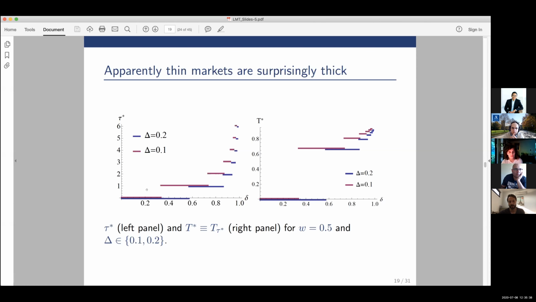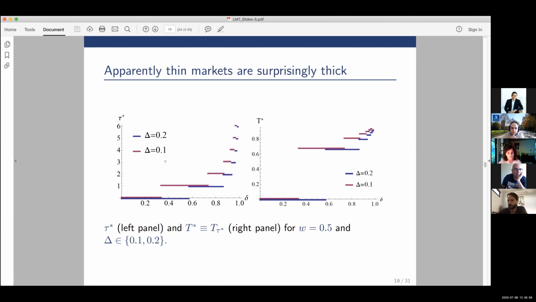This here is the optimal storage threshold, tau star. And you see that, as mentioned in the introduction, that number is very often in single digits.